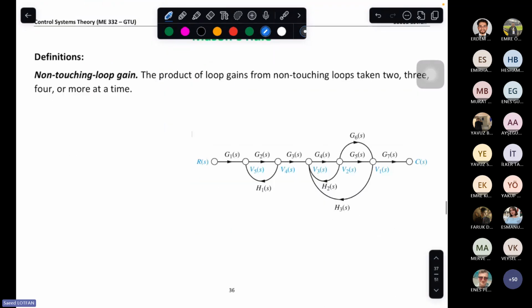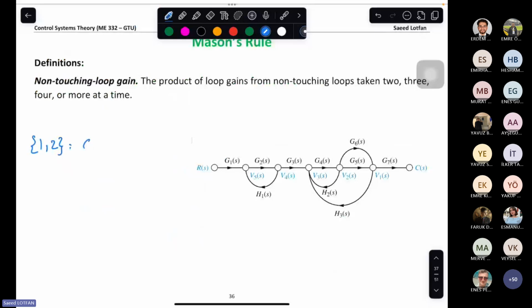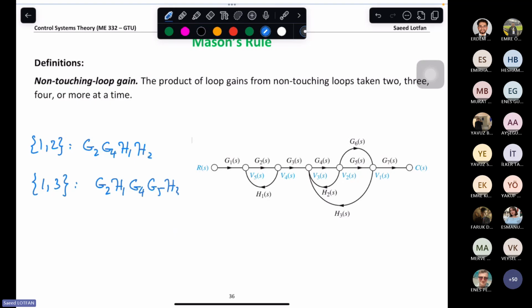Then for non-touching loop gains, you have 1, 2, that is you have to multiply 1 and 2 together. That is G2, G4, H1, H2. Then you have 1 tree that is G2, H1, G4, G5, H3.